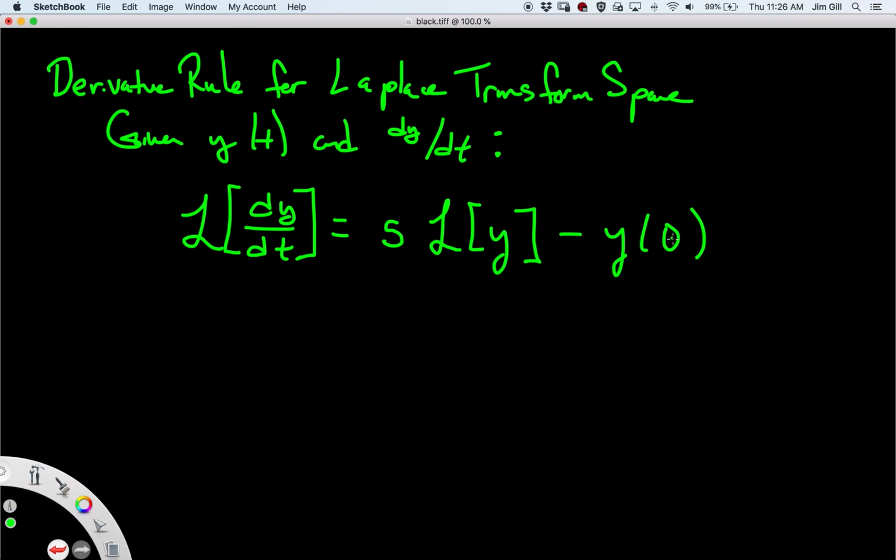And you can prove this by a simple integration by parts argument. I'm not going to go into that at this point. But what this is saying is differentiation in the Laplace transform world is simply multiplication, which, as we know, is a much simpler operation.